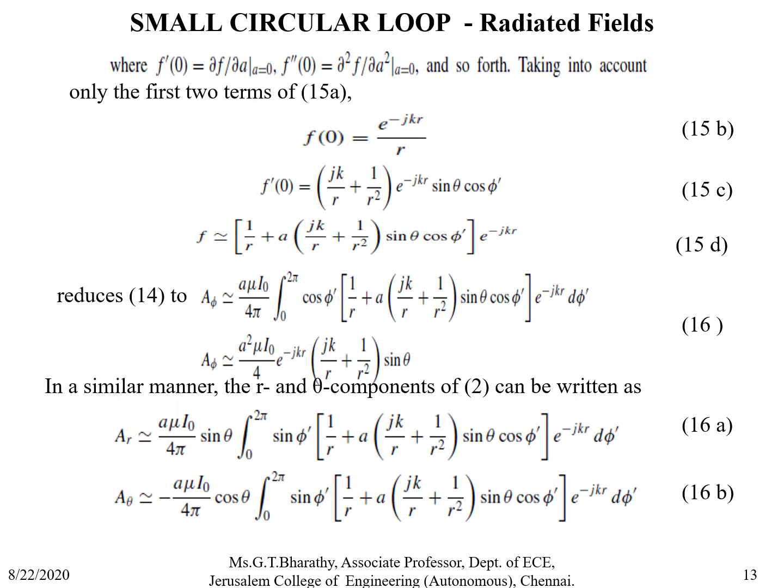So equation 14 reduces to A phi is approximately equal to a square mu I dash by 4 e power minus jkr into (jk by r plus 1 by r square) sin theta.